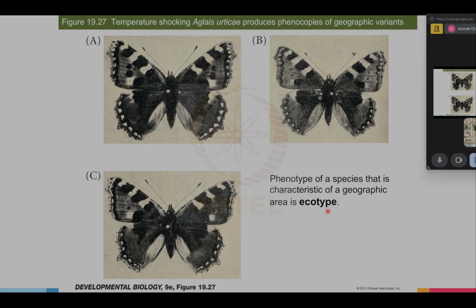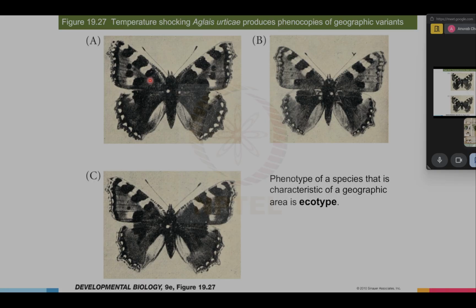A similar thing has been observed in nature as well, where a particular species of butterfly has changes in the pattern on the wings depending on the temperature of its surroundings. A similar example to what we discussed before.